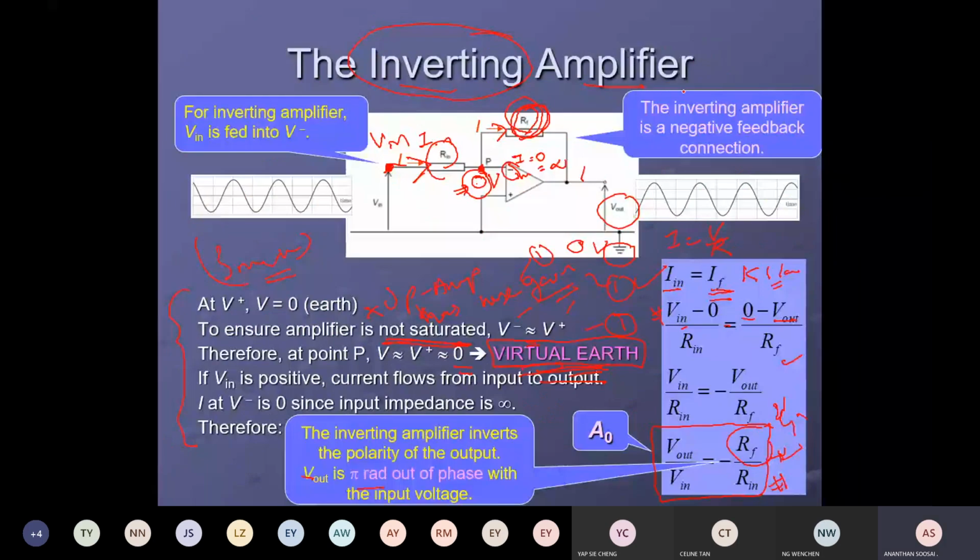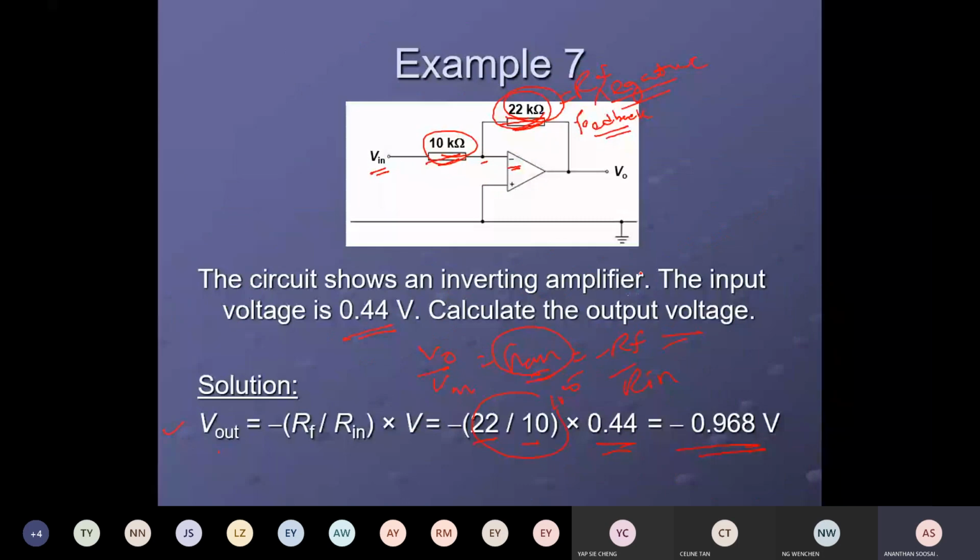One version of the feedback is the inverting amplifier. What is an inverting amplifier? The input is at the negative, and there is negative feedback. That's the inverting amplifier. For the derivation of the gain formula, you must derive negative RF over Rin, which led to our calculation just now.